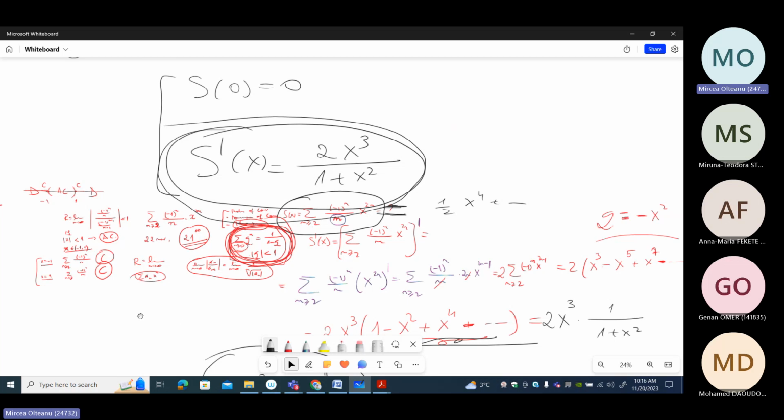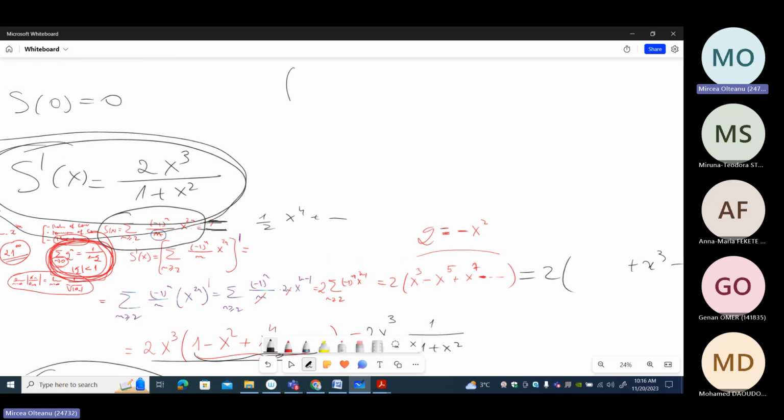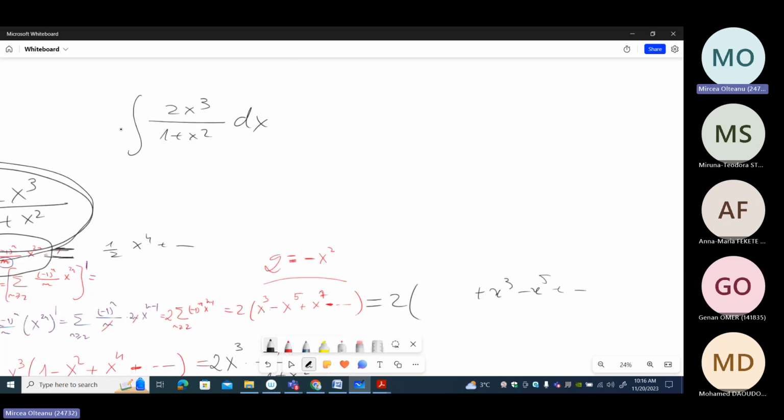Okay, so let's do it. So we need to compute the primitives of 2x at 3 over 1 plus x squared. Of course, here you have a rational function, and the degree of the numerator is greater or equal than the degree of the denominator. So, of course, you take off 2 here, and here we make the division of polynomials.